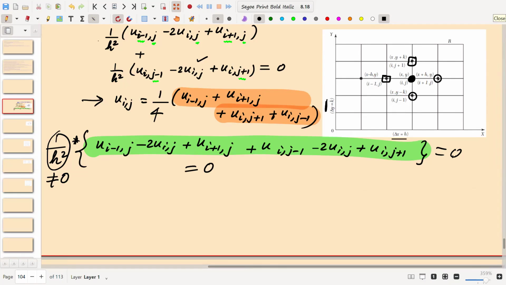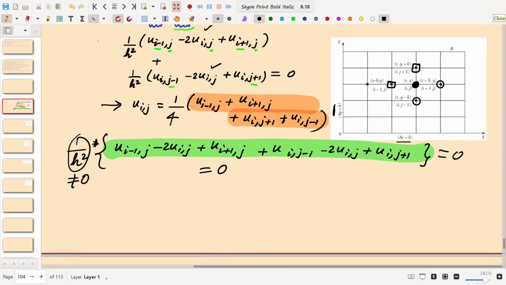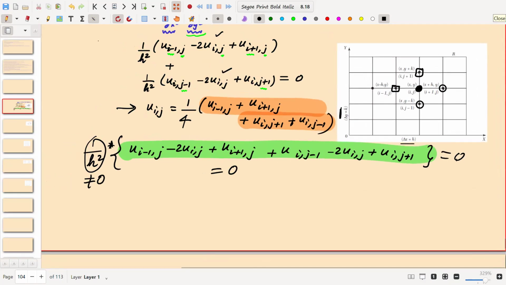Since this formula is established from 5 different points, it is referred to as the standard 5-point formula.